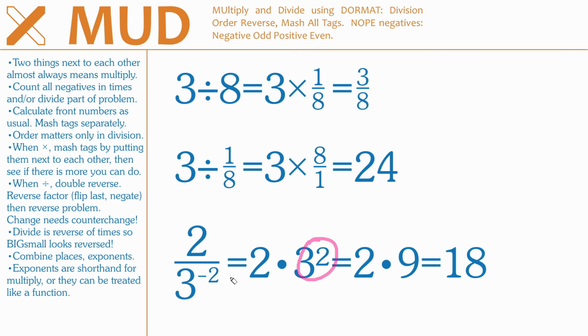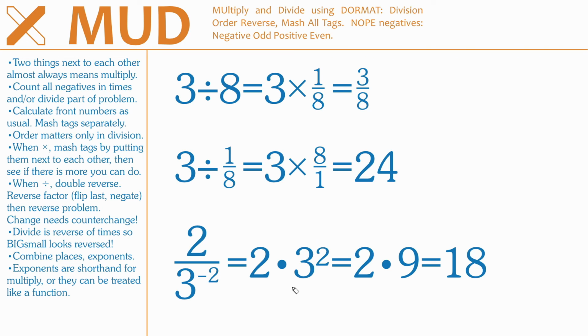Well, you can see I am negating my last part. It's on the bottom of the fraction. I'm negating that exponent. So that's a reversal. So I've got to make another reversal so my division turns into a times. And that's how I am allowed to do that.